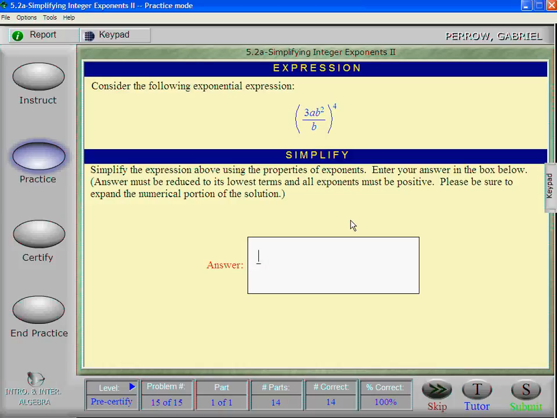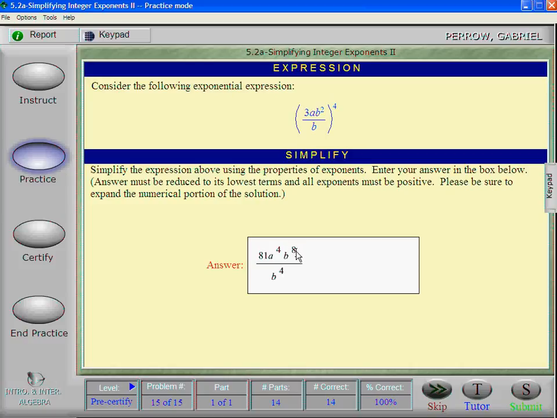Raise the top and the bottom to the 4th power. Each factor, 3 to the 4th is 81. a to the 4th is a to the 4th. b squared to the 4th is b to the 8th. And then down bottom you'd have b to the 4th. But look at what you've got.